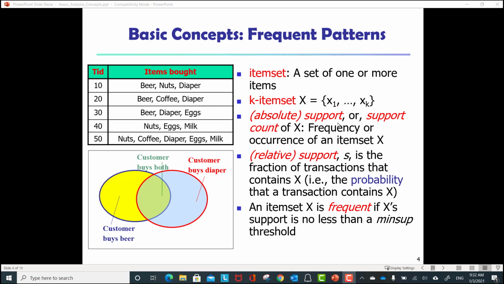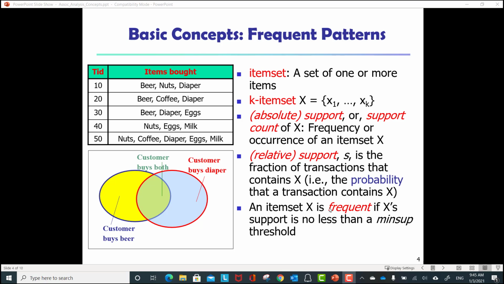So absolute support for beer and diaper would be 3. So 3 over 5, that's 0.6 or 60%. So the relative support for the two itemset of beer and diaper would be 0.6 or 60%.